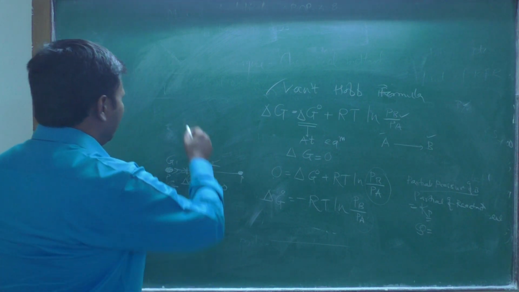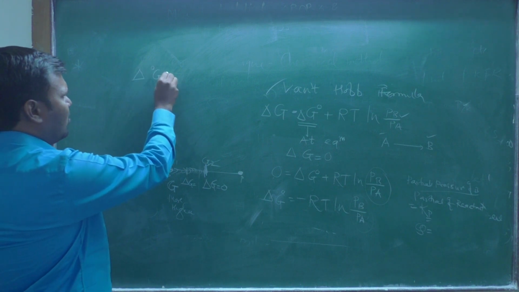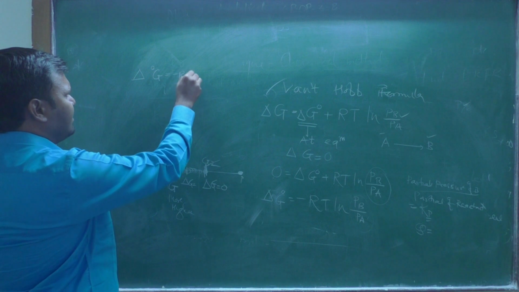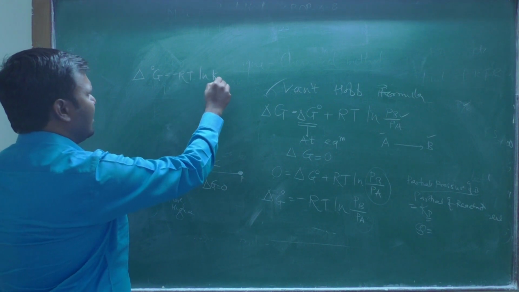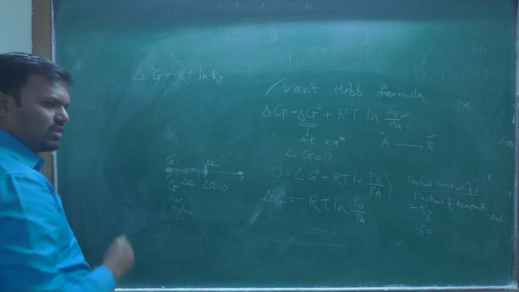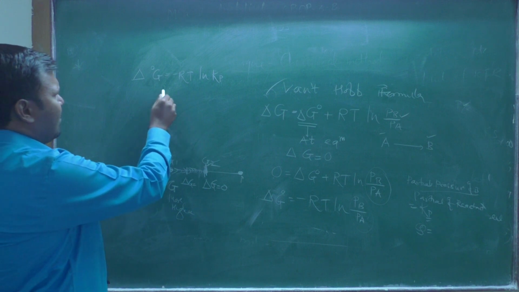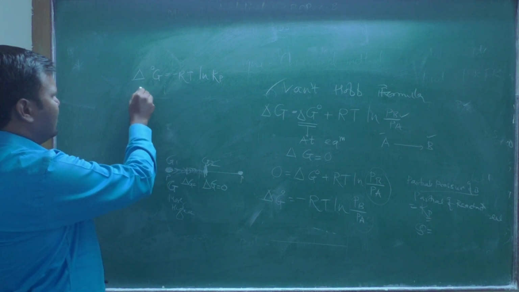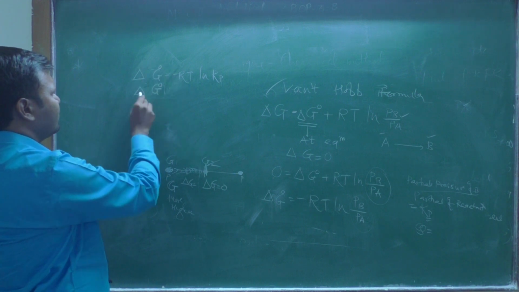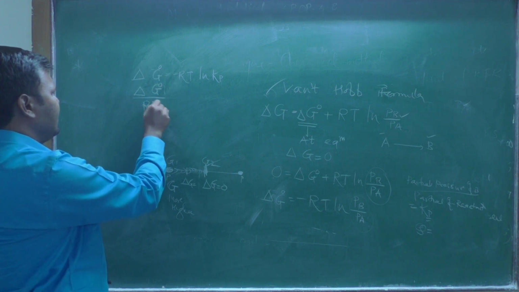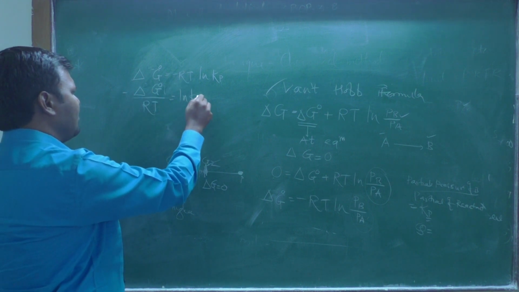Therefore, we will write delta G naught is equal to minus RT ln Kp. By replacing this value, delta G naught upon RT with a minus sign is equal to ln Kp.